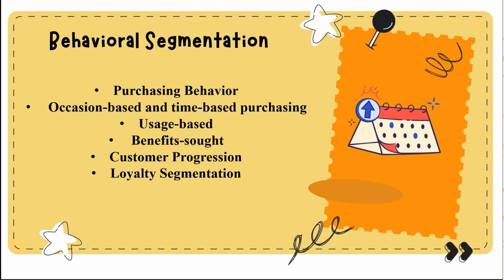Benefits sought. What kind of benefits are you looking for? That's a crucial element. Whenever we talk about the benefits we are looking for and accordingly deciding the behavioral segmentation base, the same product may serve two different benefits. It's possible. Can you quote any example? Difficult, but it's possible.